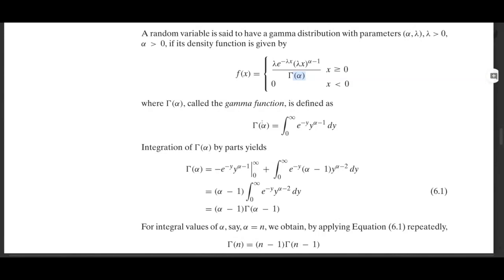It is defined as gamma of alpha equals the integral from 0 to positive infinity of e to the negative y times y raised to alpha minus 1 dy. Okay, y is just a variable. So this is how gamma of alpha is defined.